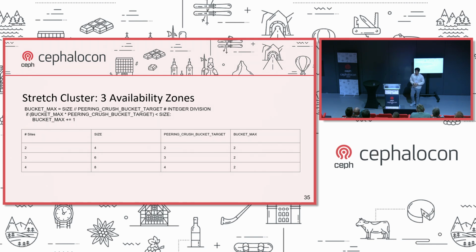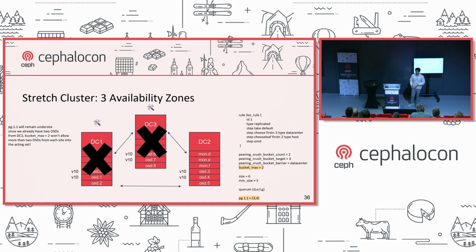So 2 for a bucket max is a good balance, and I will demonstrate why this comes into play in certain scenarios. Here, bucket max is 2, meaning when there's failure in DC1 and DC3, instead of PG 1.1 picking OSD 5 as the 3rd OSD in its acting set, it will say no because it already has OSD 3 and 4 from DC2.